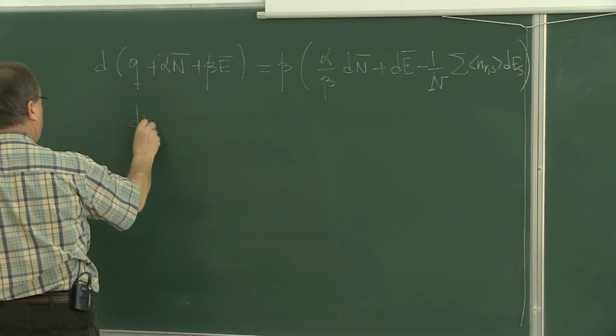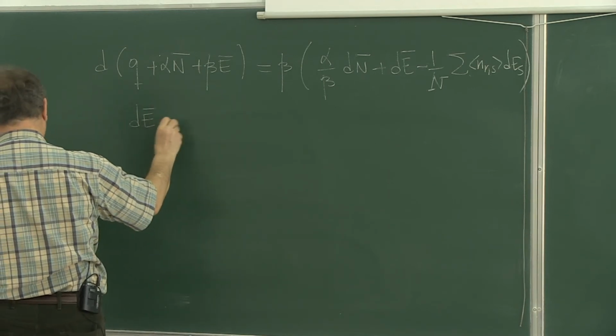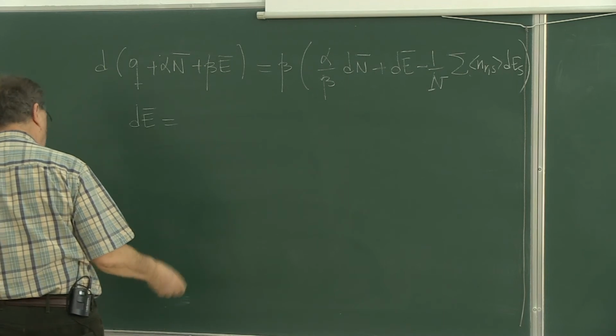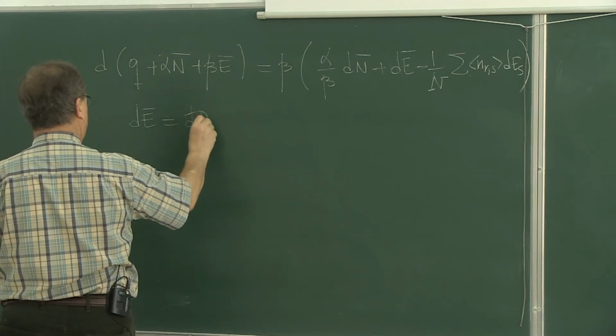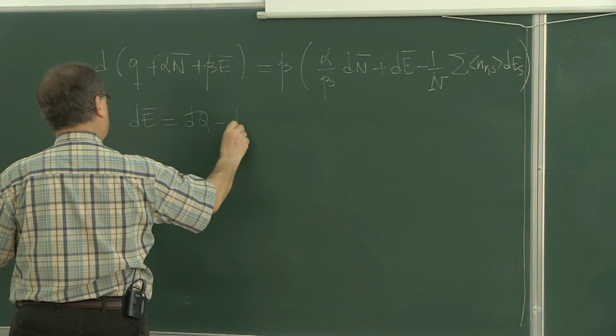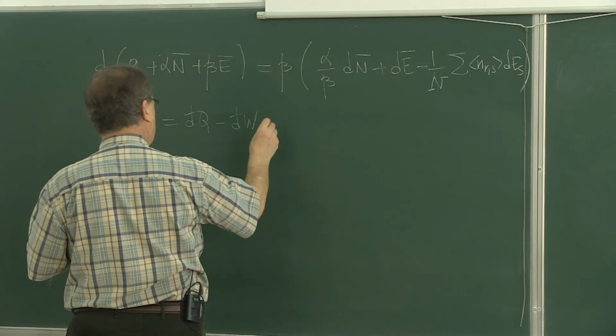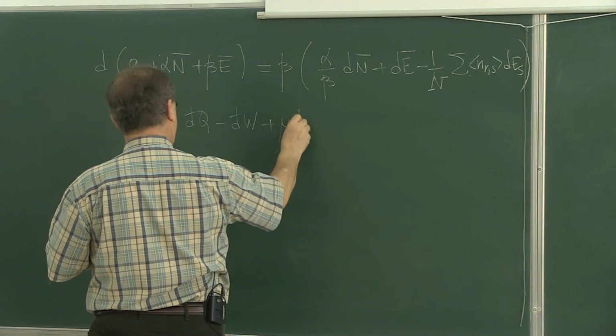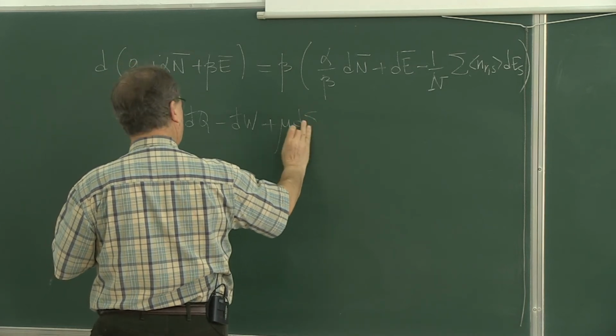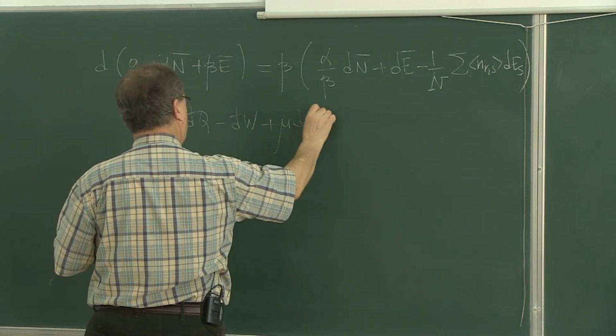And the first law gives you dE or dU as d bar q minus d bar w, the work done, plus mu d N bar.